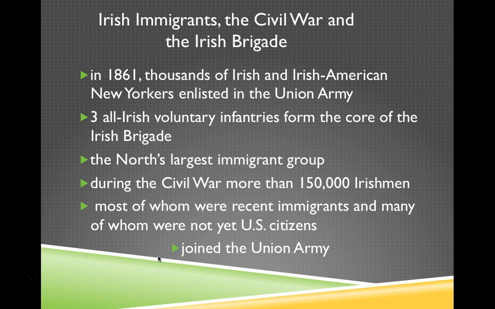In 1861, thousands of Irish and Irish American New Yorkers did enlist in the Union Army. They had quite a few incentives to do so. And 3 all-Irish voluntary infantries were formed and formed the core of what's called the Irish Brigade.